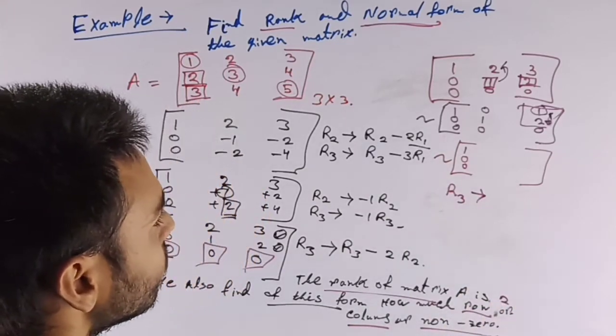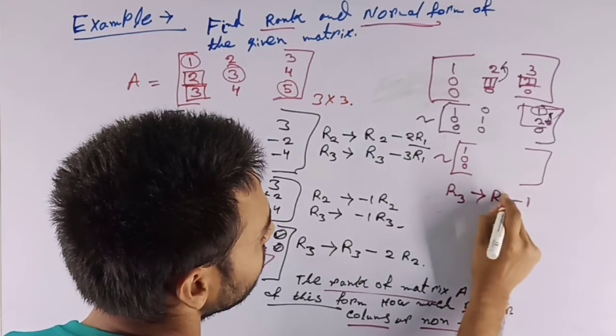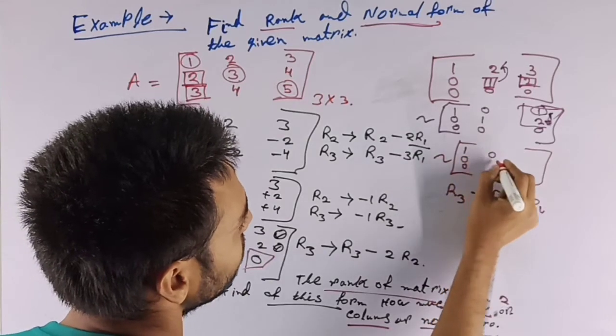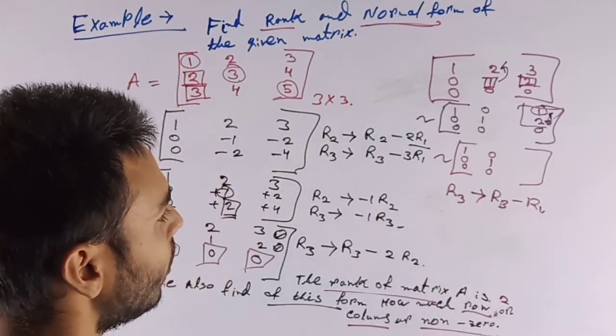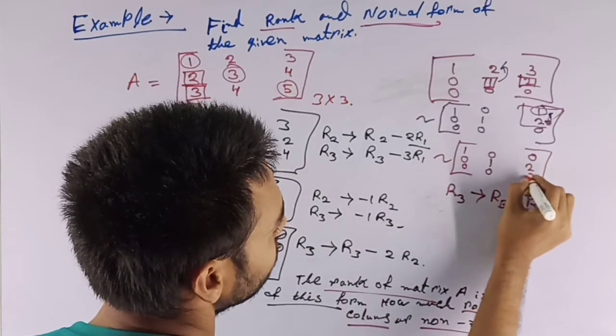So now R3 is interchanging by R3 minus R1. That is, therefore 0 1 0, and the last column is 0 2 0.